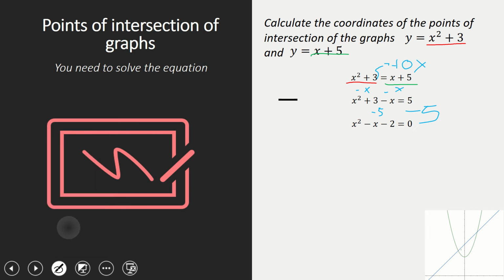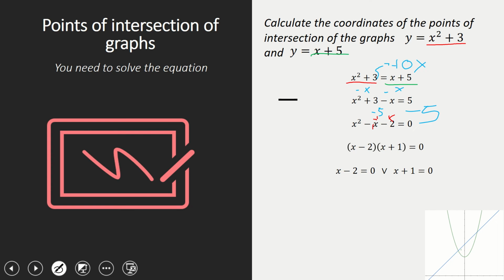That means that I'm going to search for two numbers, and when I multiply them, it becomes minus 2, and when I add them, it becomes minus 1, because there is an invisible 1 before the x. Alright, I know this is minus 2 and plus 1, because minus 2 times 1 equals minus 2, and minus 2 plus 1 equals minus 1.